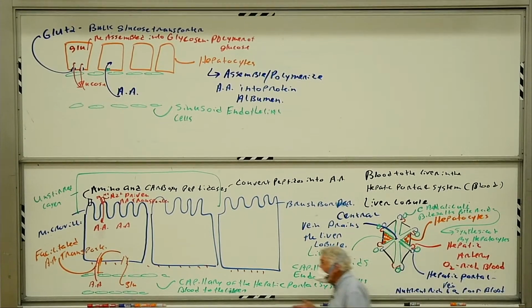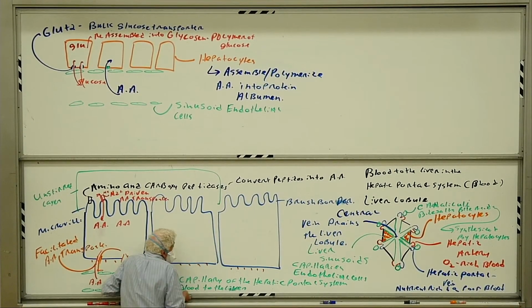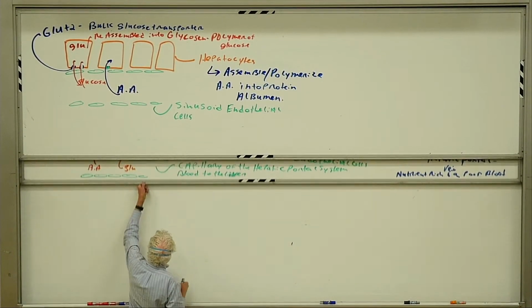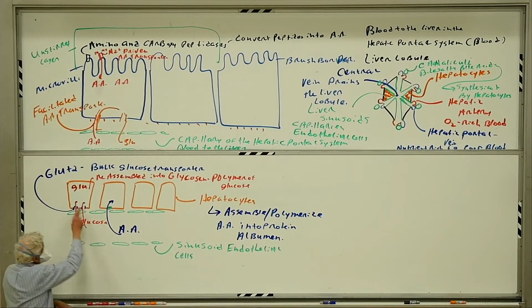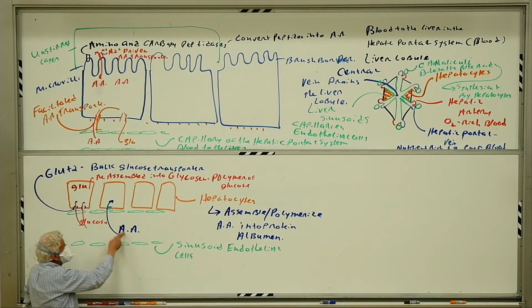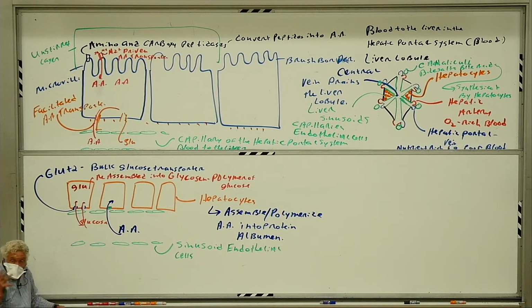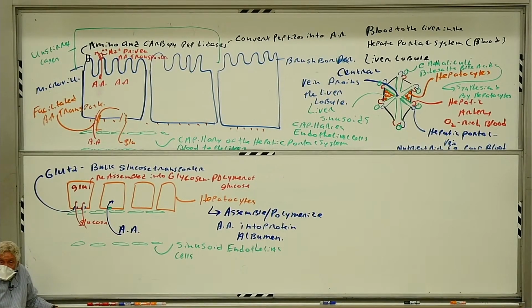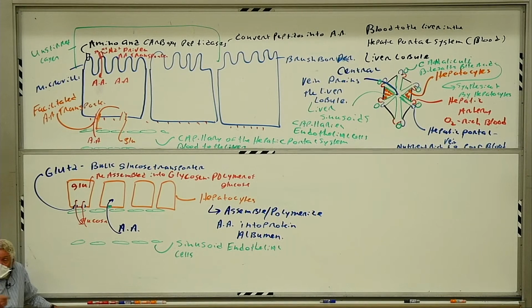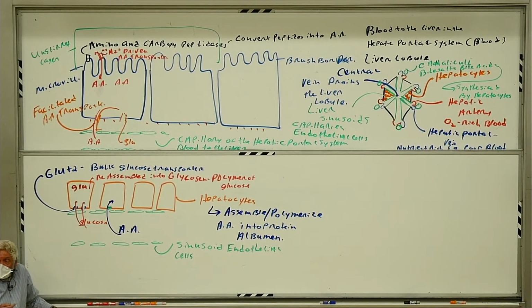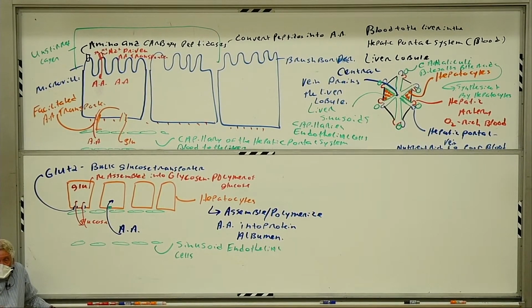So these hepatocytes have a number of jobs. The first job that we've talked about here is how they reassemble glucose into glycogen. The second job is how they take amino acids and reassemble them into protein. The third job is going to be making bile salts and bile acids. But if you take a toxicology course, the other thing that these liver cells do is they detoxify any number of nasty molecules we may take in with our diet.